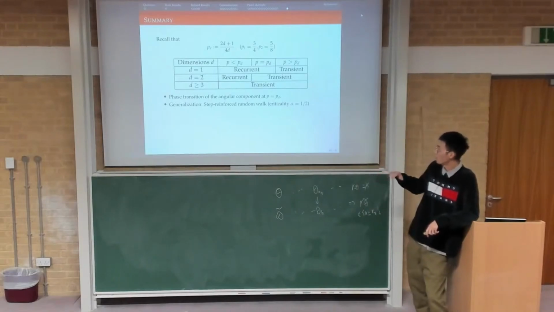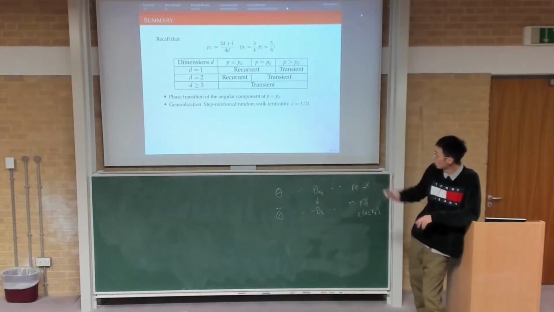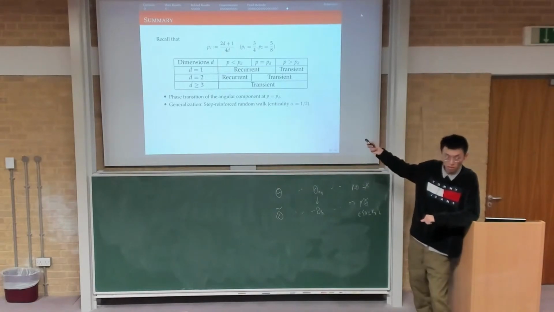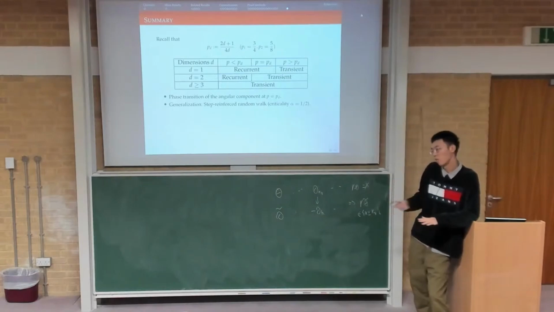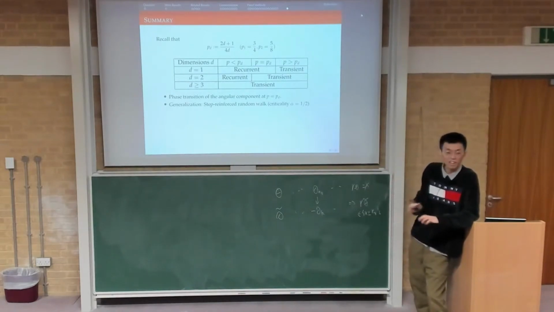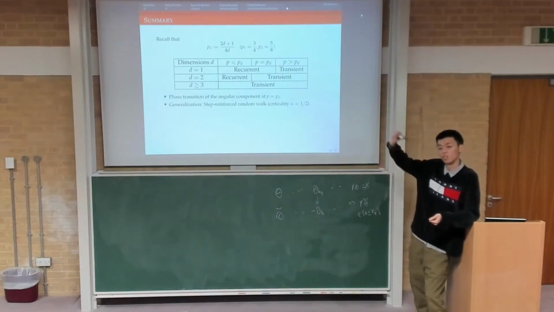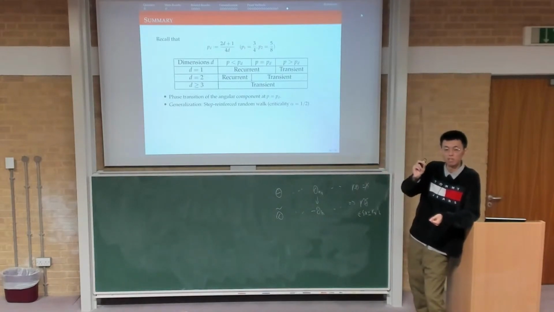We show that in dimension 1 and dimension 2 there is a phase transition between recurrence and transience, with a little difference between dimension 1 and dimension 2 at criticality. In higher dimension, for any parameter p, it's always transient. We can also observe a phase transition of the angular component in any dimension D. It occurs at p equals PD. If p is greater than PD, there is a limiting direction. Otherwise, almost surely there is no limiting direction.